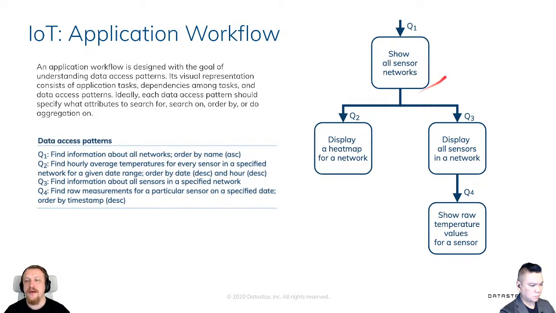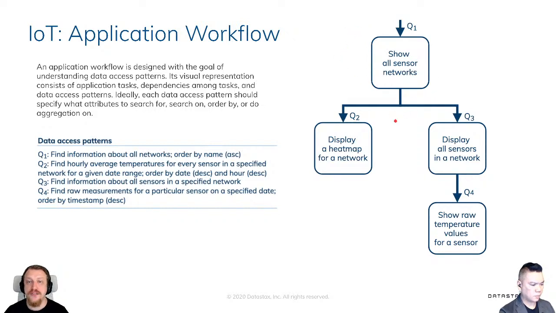At first we think: show all networks. We don't want to show our user or operator a list of billions of sensors at once. In the beginning we may not have so many, but we will split them into networks. At first we show the list of networks we have.